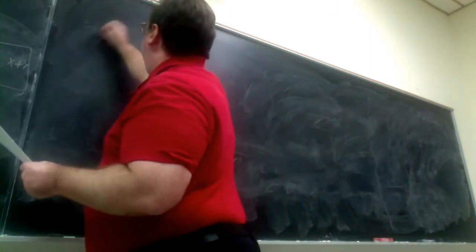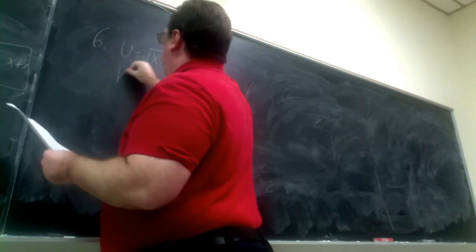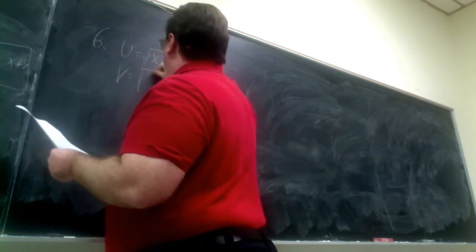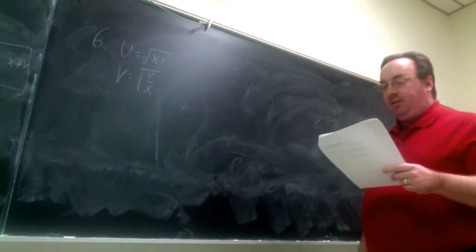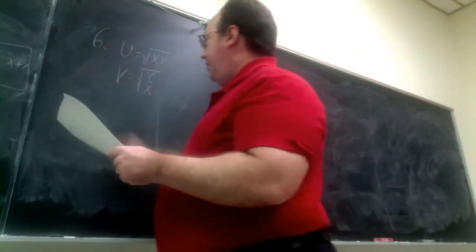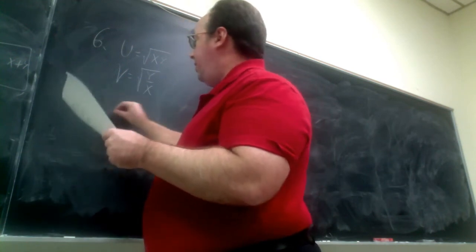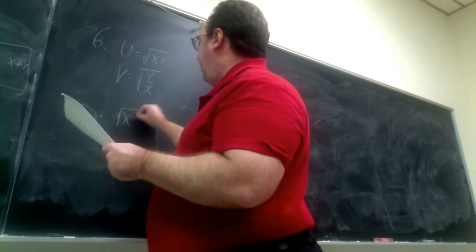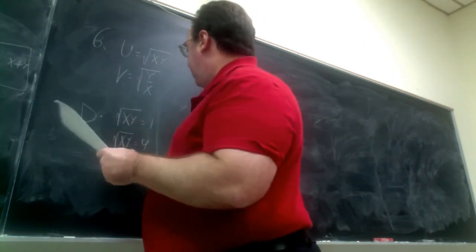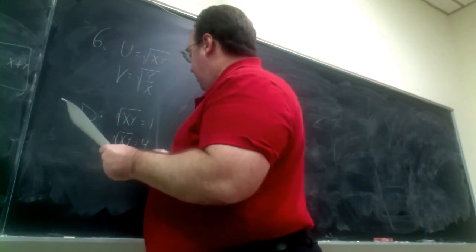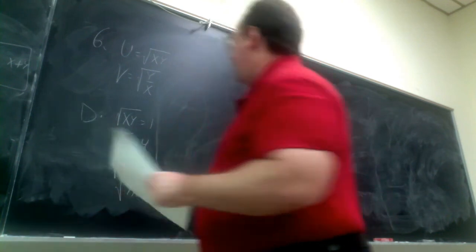So you have u is square root of xy, v is square root of y over x. A boundary of region D is defined by these equations: square root of xy equals 1, square root of xy equals 4, square root of y over x equals 1, square root of y over x equals 3.